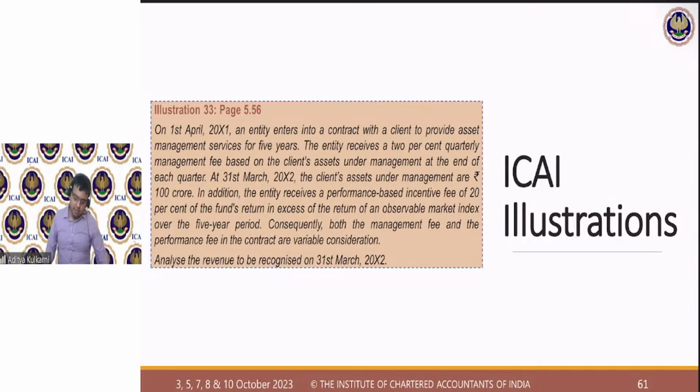At 31st March X2, the client's assets under management are rupees 100 crores. In addition, the entity receives a performance-based incentive fee of 20% of the fund's return in excess of the return of an observable market index over the 5-year period. This is your variable consideration.